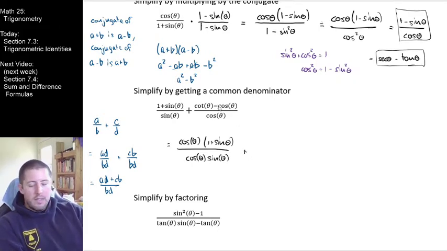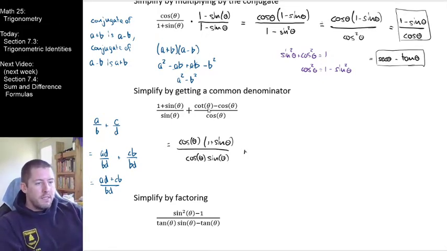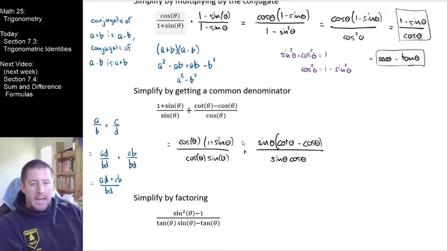On the second one, I want to introduce some sine expressions. But the thing I'm noticing with this one is maybe it's going to get some simplification. I've got some cotangent stuff right there, right? So sine of theta times cotangent of theta minus cosine of theta, all divided by sine of theta cosine of theta. Now these have equal denominators, so it looks like I can add them together.